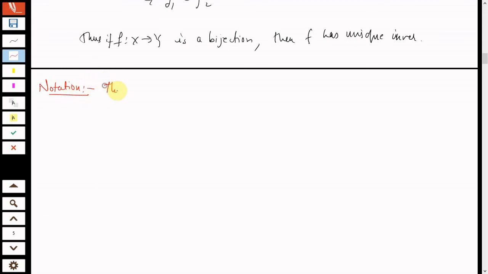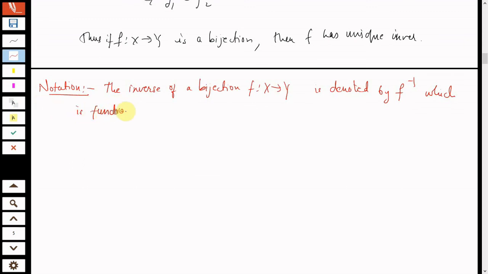The inverse of a bijection f from X to Y is denoted by f inverse, f to the power minus 1, which is a function from Y to X. So thus if f of x is equal to y, this implies, and even the converse implication is true, x is equal to f inverse of y, only for a bijection.